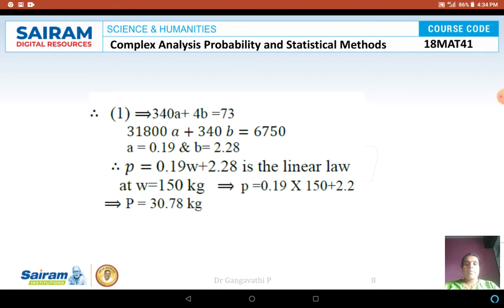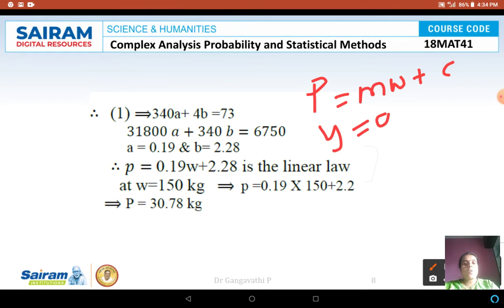So let me write, the given equation is p is equal to m into w plus c. This we are comparing with y is equal to ax plus b. So here a is equal to m and b is equal to c. Whatever value we got for a can be taken for m, and whatever value we got for b can be taken for c. So this is the value of m and this is also the value of c.